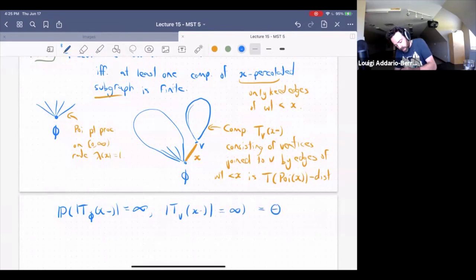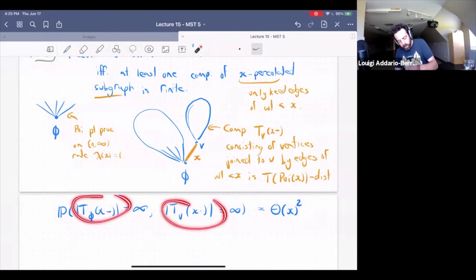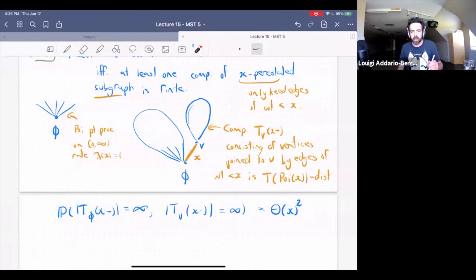So that's just the survival probability for a Poisson Galton-Watson tree, which we called theta, squared. You need two of these trees to be infinite. This edge makes it into the wired minimum spanning forest if this doesn't happen, if at least one of these is finite. So the probability an edge of weight x attached to the root makes it into the wired minimum spanning forest is 1 minus theta of x squared.